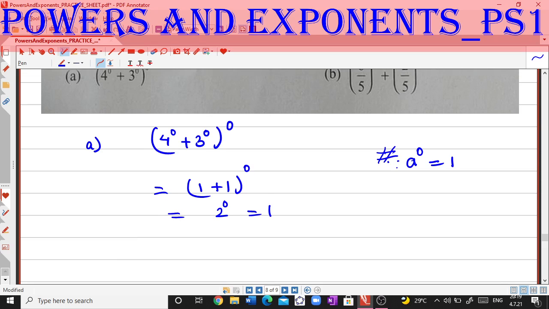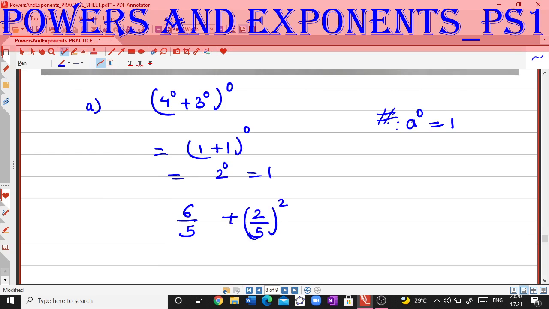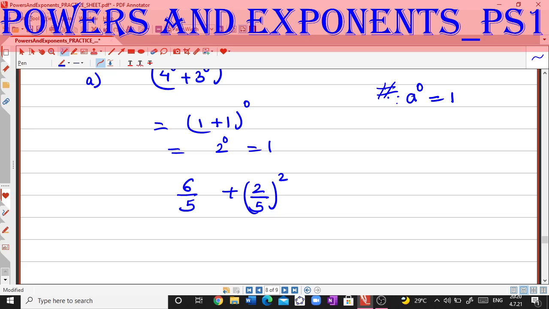Now the next one. 6 upon 5 plus 2 upon 5 raised to the power 2. This is going to be 6, that means 2 multiplied by 3, and here it is 5. And here this square, so that is 2 multiplied by 2 and 5 multiplied by 5.